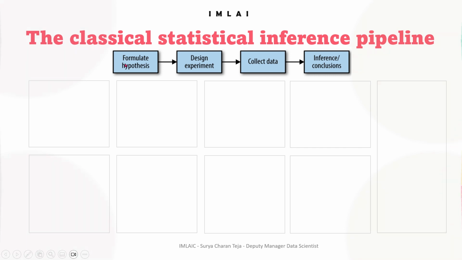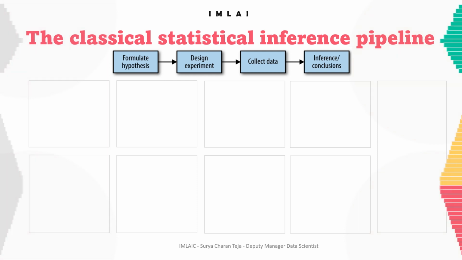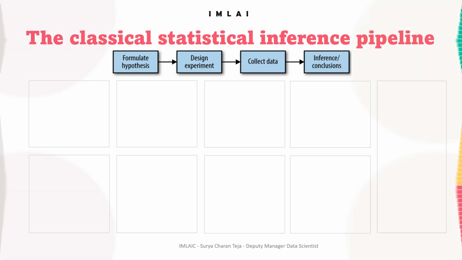So this process starts with a hypothesis. For example, in this case, let's take a hypothesis that drug A is better than the existing standard drug, or price A is more profitable than existing price B. With this kind of hypothesis, our classical statistical inference pipeline starts.